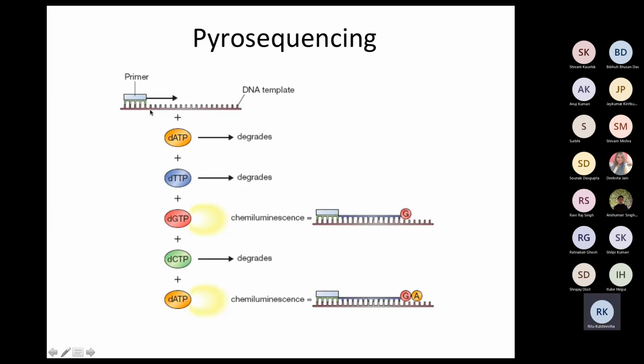In my reaction mixture, which will have template DNA, the primer and the sequencing enzyme, meaning any polymerase, I also add apyrase, also called a nucleotidase. Any nucleotide which is not being utilized should be quickly degraded. So if dATP was not used, it quickly gets degraded.